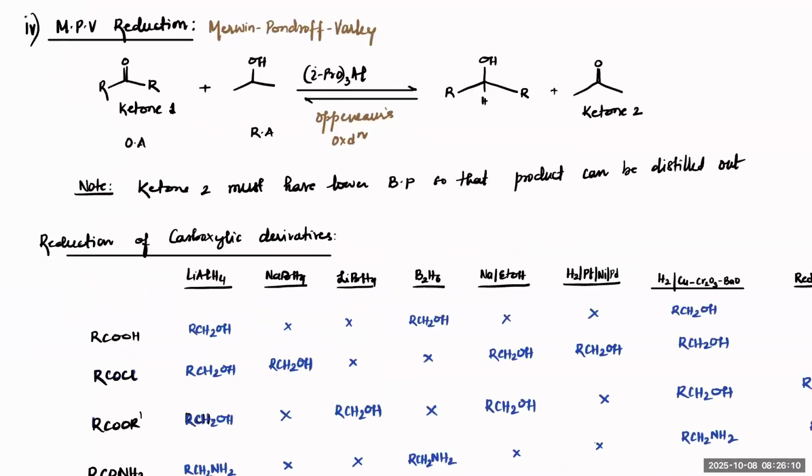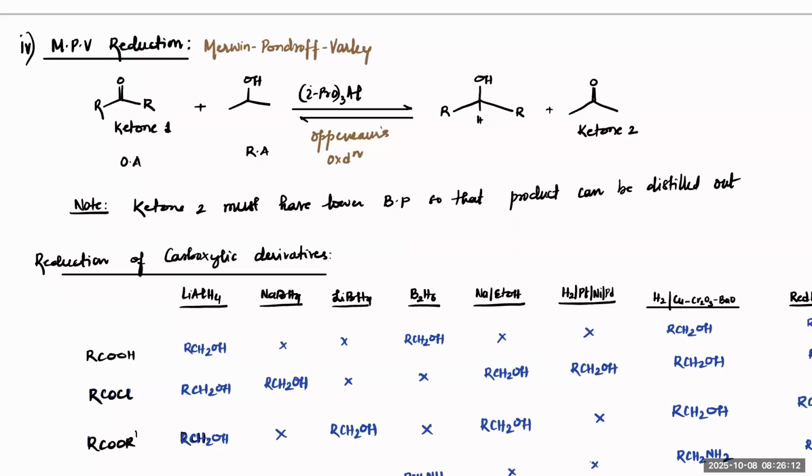Next is MPV reduction, Meerwein-Ponndorf-Verley reduction, where you take a ketone in the presence of an alcohol with an aluminium salt, aluminium isopropoxide compound. That will make the ketone get reduced into alcohol and the alcohol get oxidized to ketone.